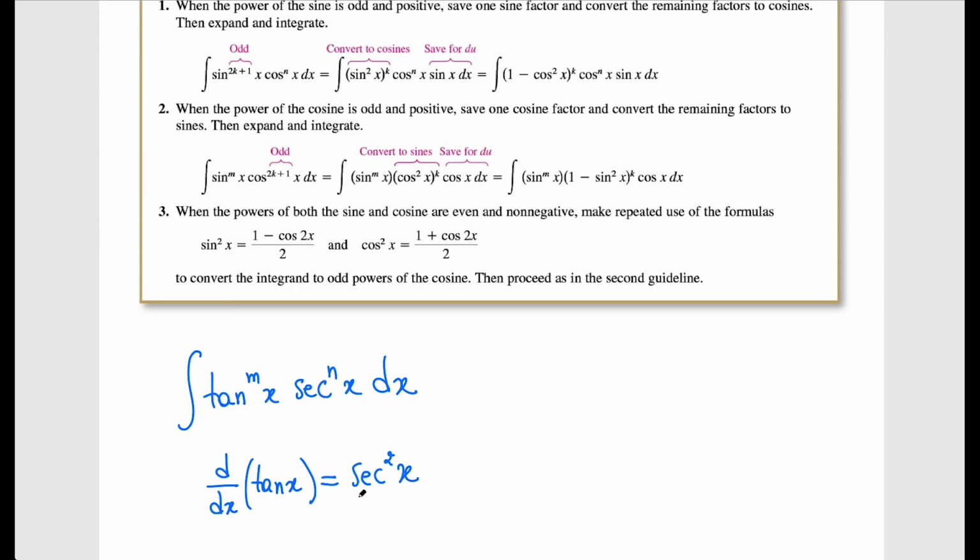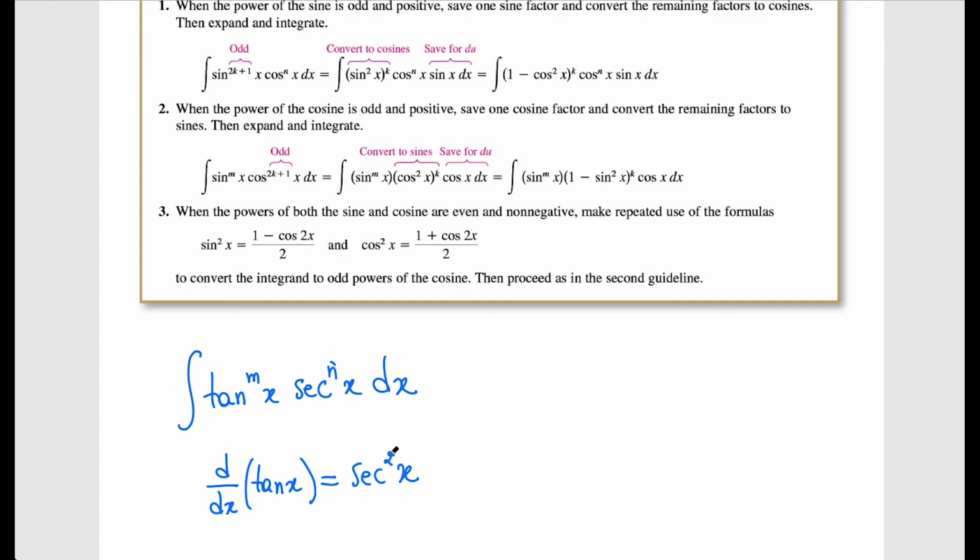So the derivative of tangent is secant squared, which means if this n is an even number, then you can save two copies of sec by themselves, right? So you put sec squared by itself, and then you label u to be tangent, and you also use a relation between secant and tangent.